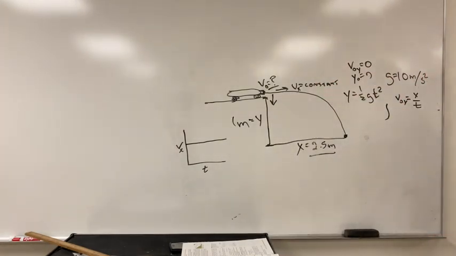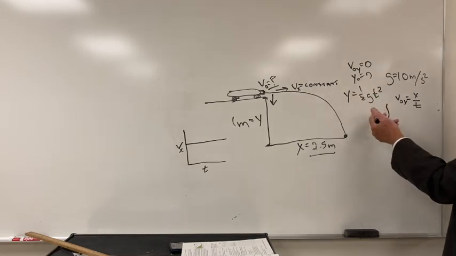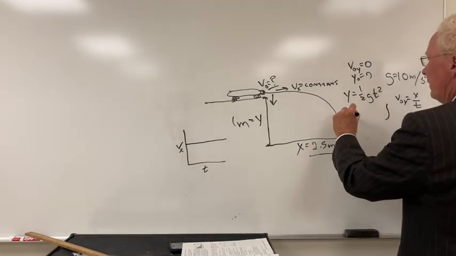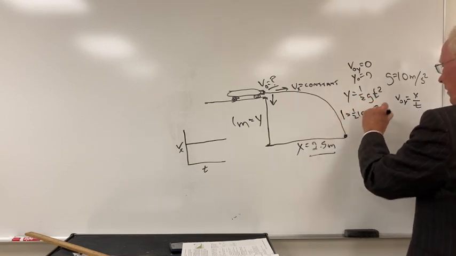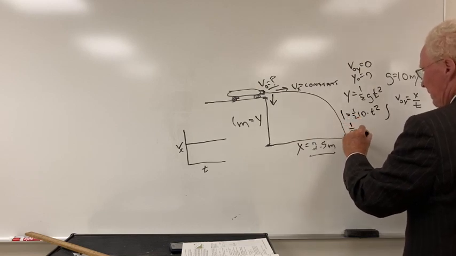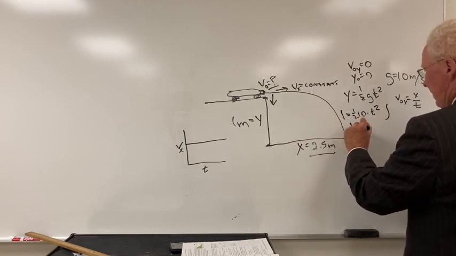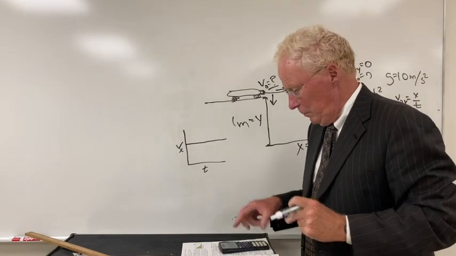All right. Well, from there, we know g, we know y. We can figure out how long it takes to do that. So 1 would be equal to 1/2 times 10 times t squared. So that would be 1/5 equals t squared. So that would be 0.2.